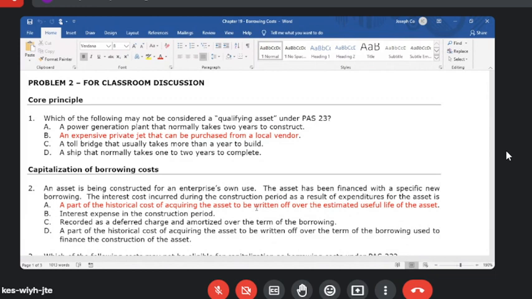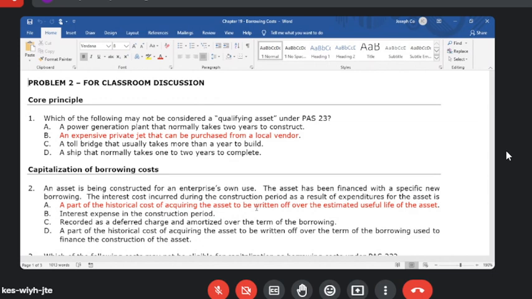Tall bridge that usually takes more than a year and ship that normally takes 1 to 2 years. Answer is letter B kasi ready for use na siya. Unlike A, C, D, substantial period of time before siya ready to use. Kapag ready to use po, hindi po siya mag-qualifying.